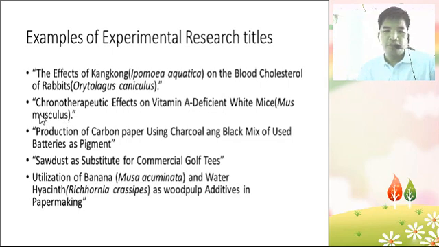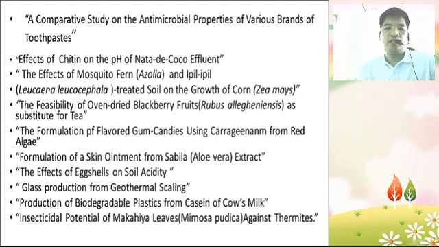So this should be italicized. "Production of carbon paper using charcoal and black mix of used batteries as pigment, sodas as substitute for commercial golf tees," and so forth and so on. So pwede kayo mag-base dito ng sa mga title on your own research proposals.